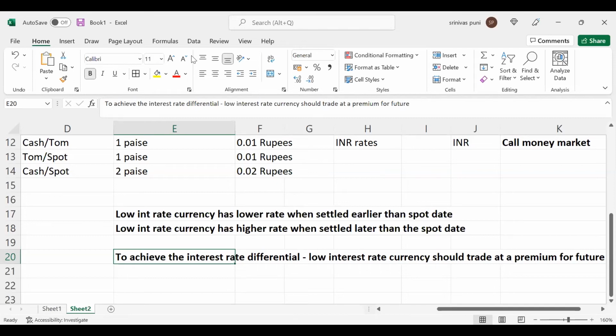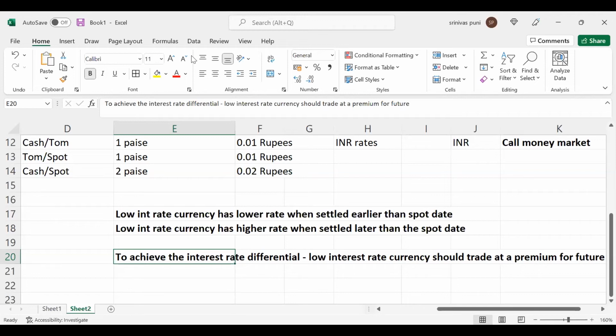So for 1 month from now, it cannot be 79. Dollar rupee cannot be trading at 79. It has to be 79.20 or whatever the rate is. Now, how those rates are calculated, we'll talk about it later. When we really discuss forwards and futures and elaborate calculations around how they are priced in the market, we'll come to that at that time.